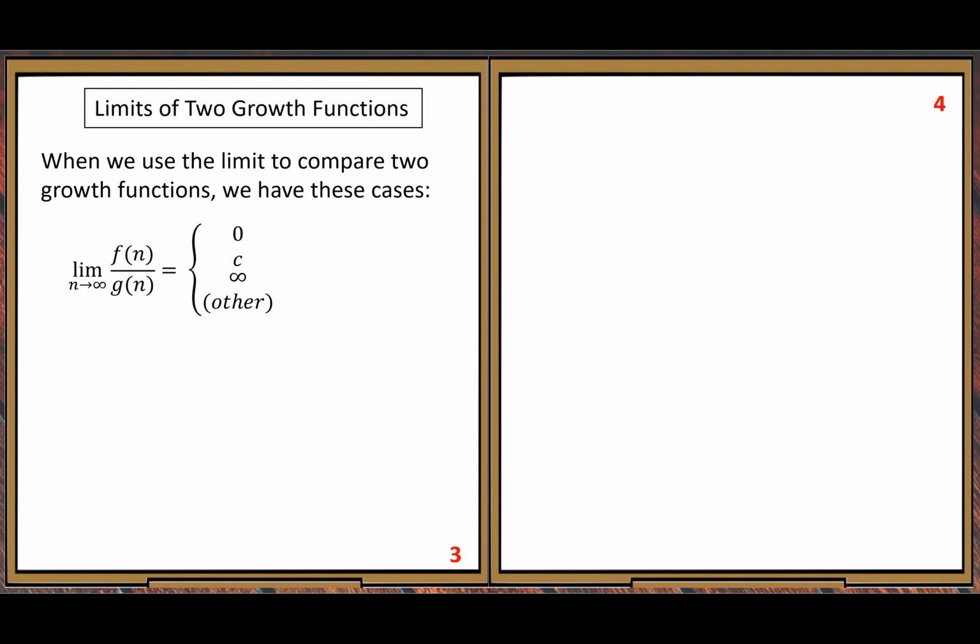The first, limit equals 0. That's simple. Second, C, a non-zero constant. Third, infinity. The last one, other than these three, we still have another case.